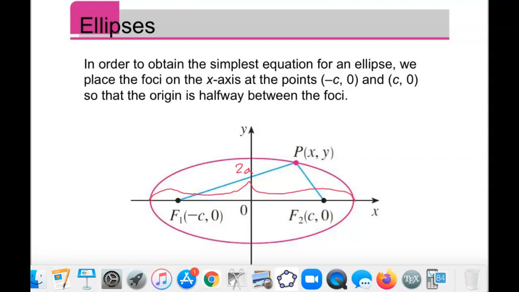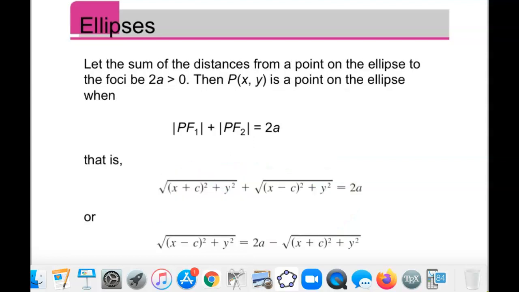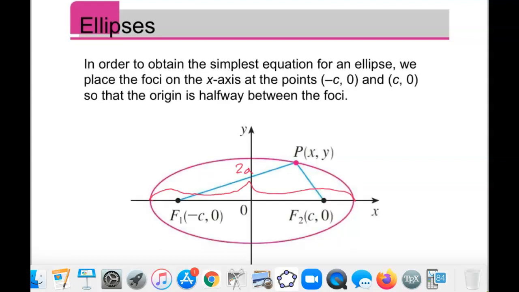All right, so one thing I want to make a note of is that the distance P to F1 plus the distance P to F2 has to equal 2a. And that might not be immediately obvious. I'll show you why.